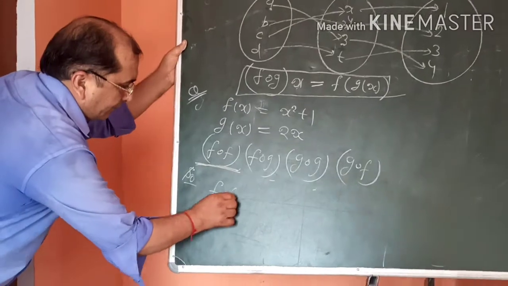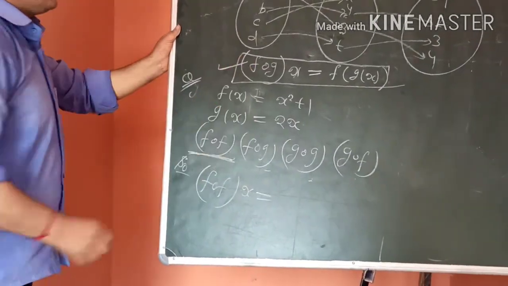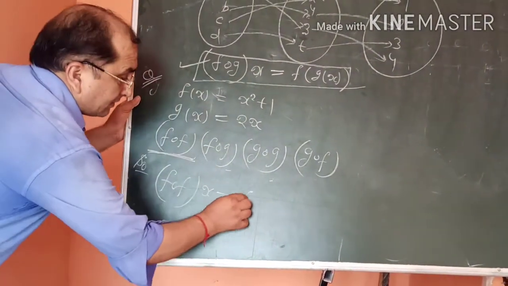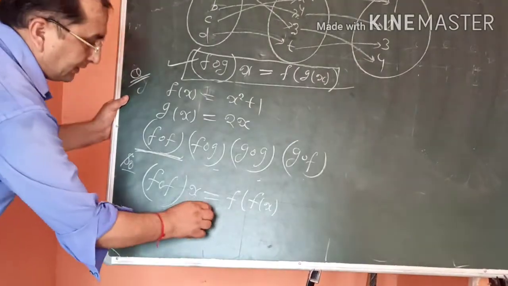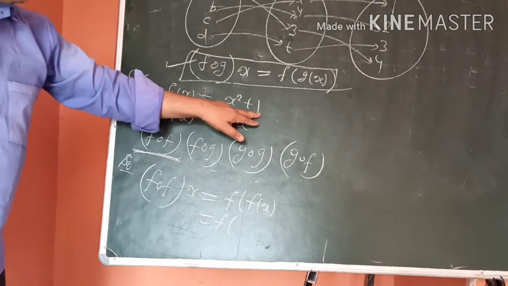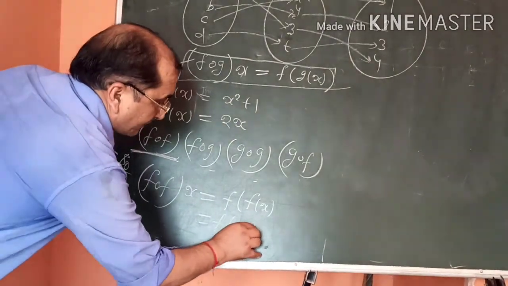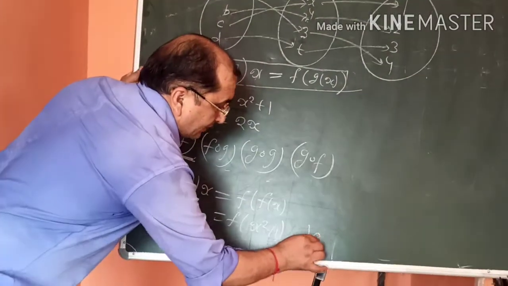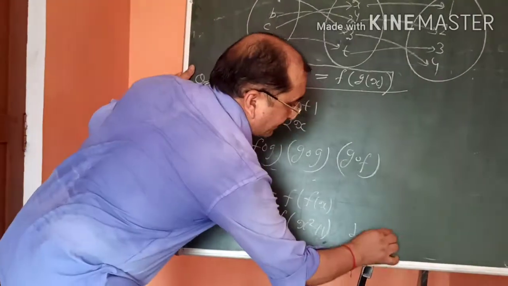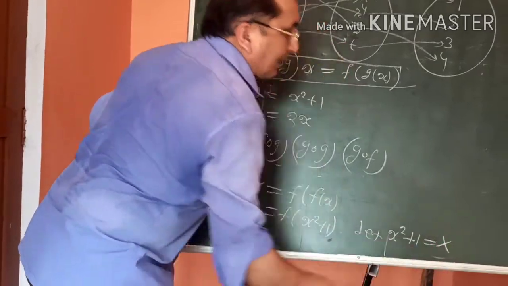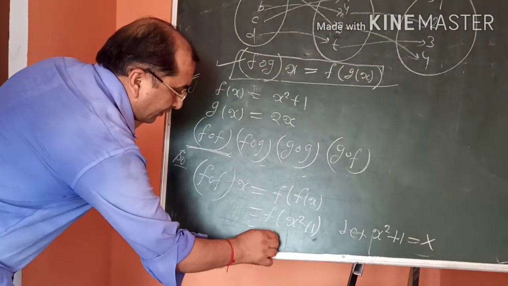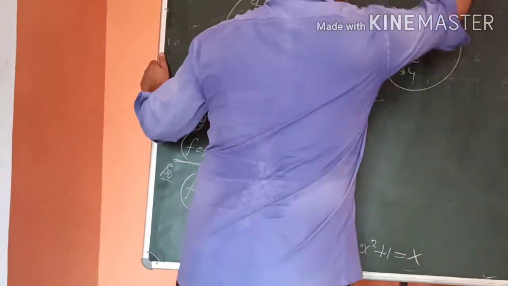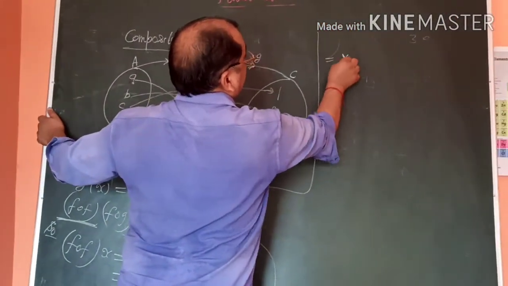f o f of x means, as per this definition, as f o g of x is written f of g of x, f of f of x will be written f of f of x, and what is f of x? f of x is defined as x square plus 1, so f of x square plus 1 is to be found. Assume x square plus 1 is capital X, so it becomes f of capital X. f of x is defined as x square plus 1, so f of capital X will be capital X square plus 1.